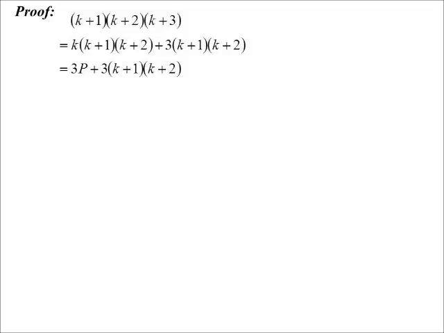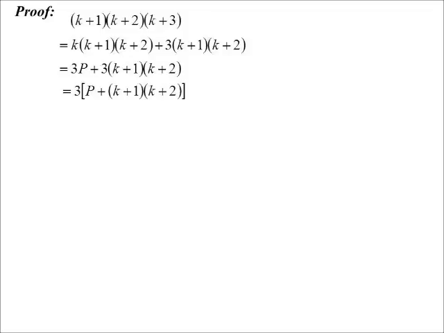Well, there's my assumption, k plus 1, k plus 2. So I can substitute in, and we can now clearly see, hey look, there's a common factor of 3. So I can factorise, and I've got it 3 times something. But remember, that thing had to be an integer. We said p was an integer. We said k was an integer. So if k is an integer, k plus 1, k plus 2, you multiply integers together, you get an integer, and then p.